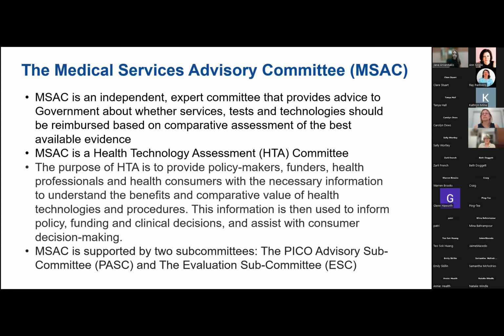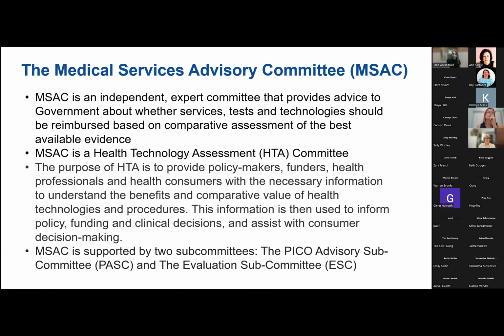This process that MSAC uses to appraise evidence and provide advice is called Health Technology Assessment, or HTA. MSAC appraises the HTA report, which we call the assessment report, and advises the Minister for Health about whether the health technology should be funded by the relevant funding program. So the HTA process plays a vital role in ensuring the Australian government's objective of delivering a safe, effective and efficient healthcare system.